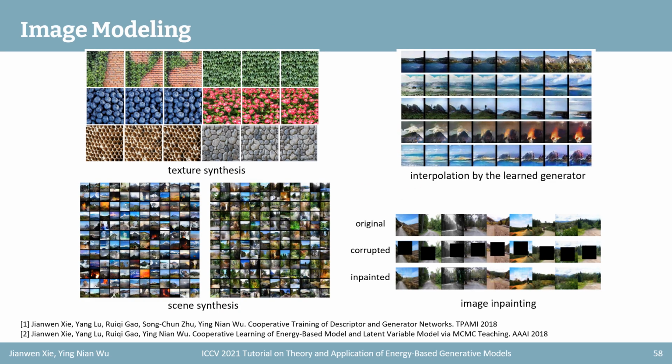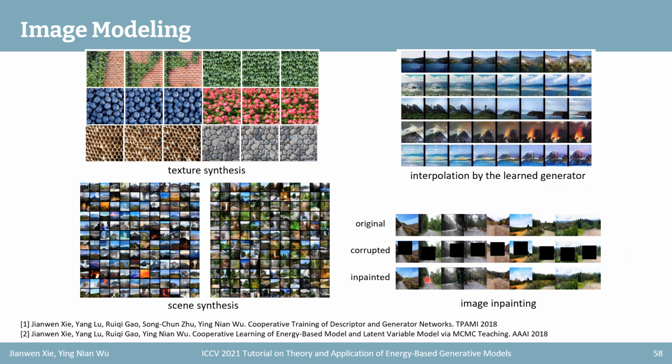This slide shows some results. Here are some texture images generated by the learned model. Actually, we learn two models simultaneously. And here are some scene images generated by the learned models, and also this interpolation result by the learned generator.